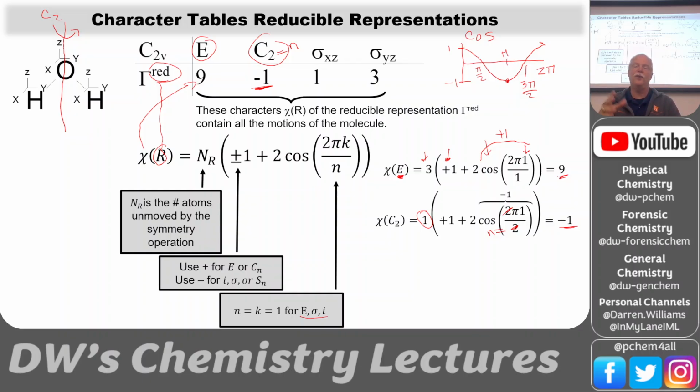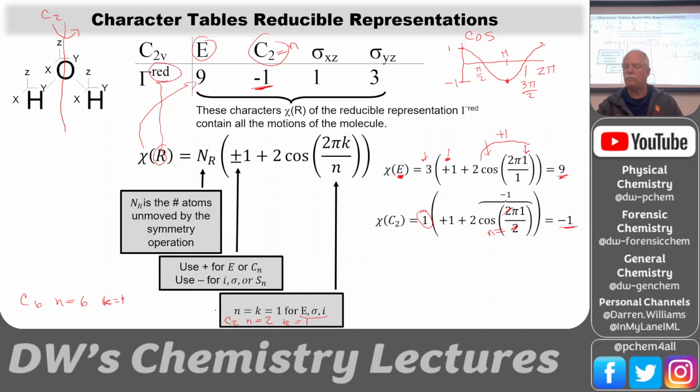So for a C2, n equals 2 and k equals 1. Does that make sense? For a C6, n equals 6 and k equals 1, like for benzene. It's always 1 in our situation. It doesn't have to be, but in our situation it is.